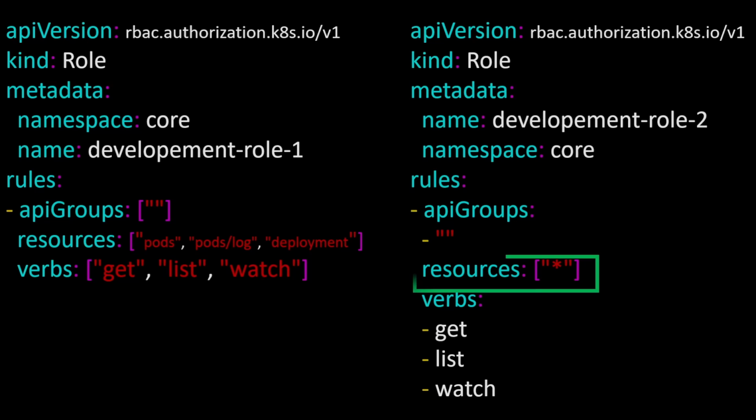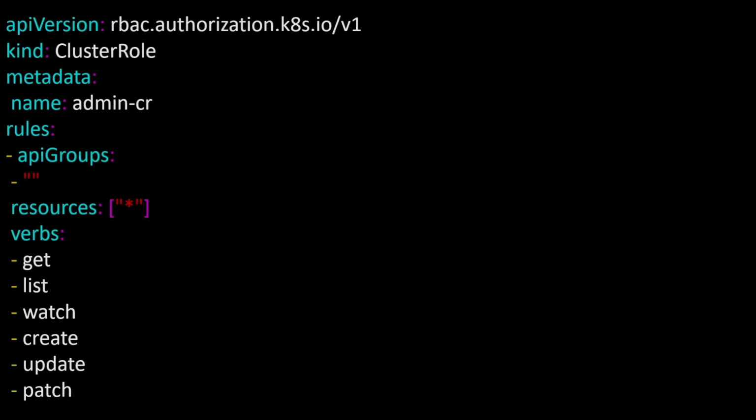In resources, I mentioned star. It means that all the resources in this namespace will be granted. In the verbs section, we have defined the array: get, list and watch. This approach is the easiest one. It's up to you which pattern you are comfortable with. So in the previous YAML file, we mentioned some resources, but in this manifest file, we are allowing all the resources. Let's proceed.